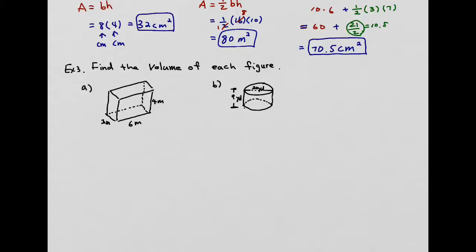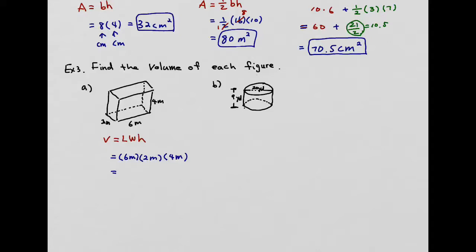The volume of the first one, we will need to do length times width times height. So when I look at the picture, I see my length is 6 meters. My width is 2 meters. My height is 4 meters.